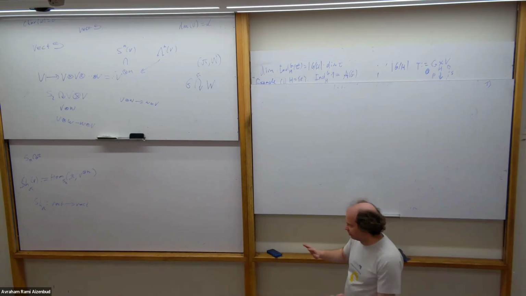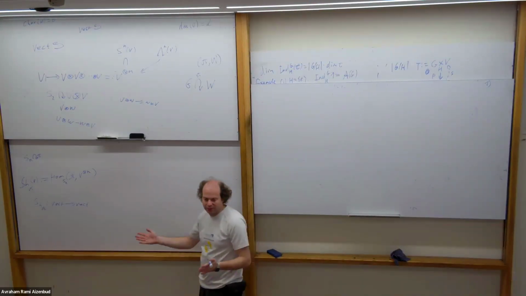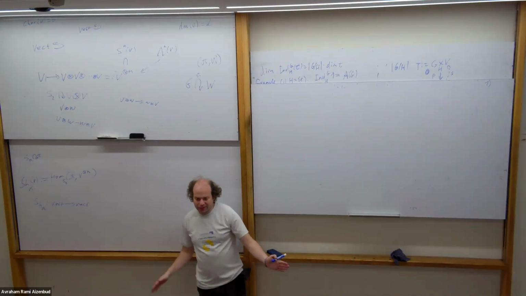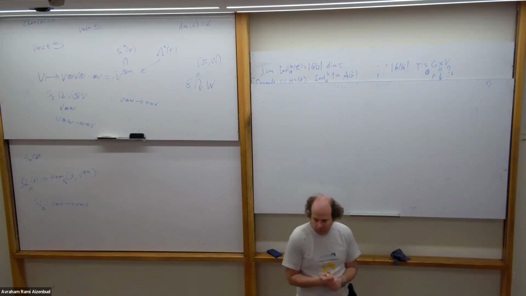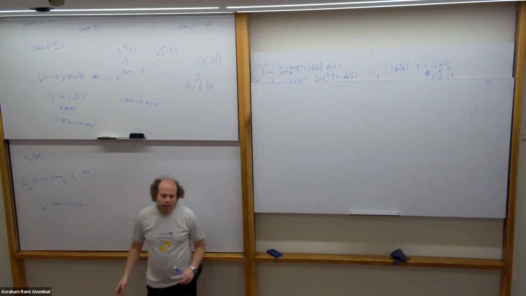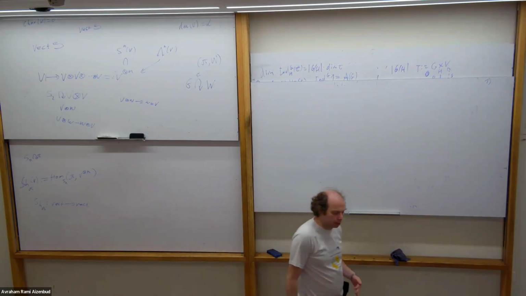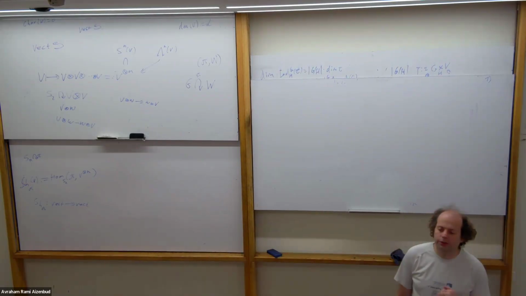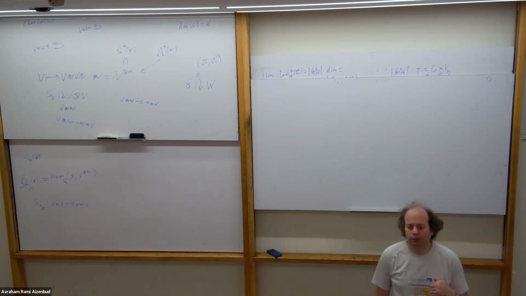So usually we most care about these two edges, symmetric and anti-symmetric. The symmetric power is the Schur functor corresponding to the trivial representation, and the anti-symmetric power is the Schur functor corresponding to the sign representation.